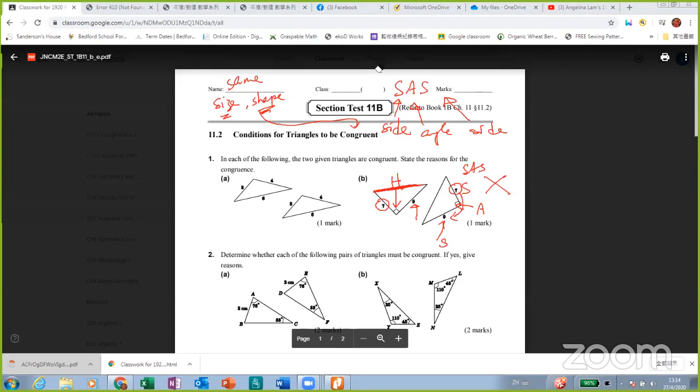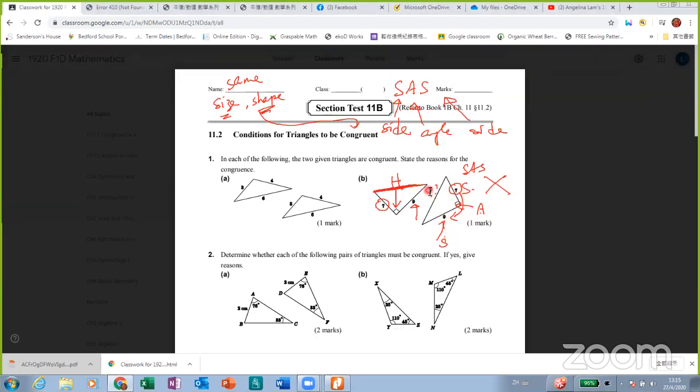And then you look at the diagram again. There's no information about H. Nothing. Can you see that? I don't know the length here. That's why this one is not RHS. It is SAS.